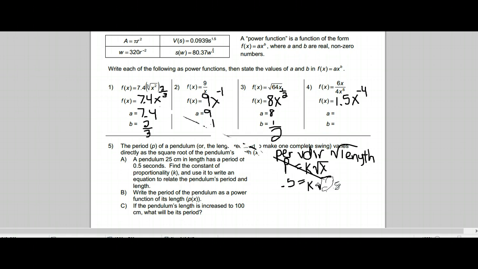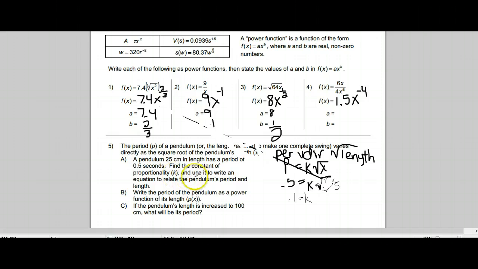All right, so to get k by itself, we're going to divide both sides by the square root of 25, which is 5. All right, 0.5 divided by 5 is 0.1 equals k. All right, so find the constant of proportionality k.